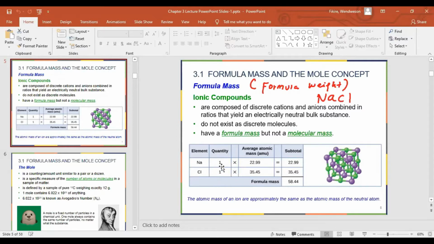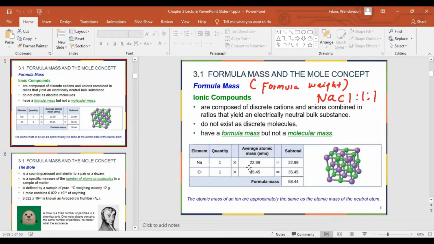So we have to count the number of sodium atoms, which is 1, and the number of chlorine atoms, which is 1, and we're looking for the average atomic mass from the periodic table. The corresponding average atomic weight is 22.99 for sodium. For chlorine it is 35.45, and we multiply that by 1 because the ratio is, in this case, 1 to 1.